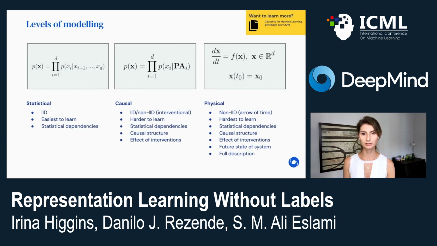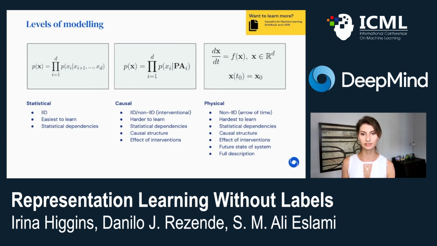Such a model provides the full description of the system, since it allows us to predict any future state, extract statistical dependencies among the variables, and calculate the effect of causal interventions. Unsurprisingly, as we move up the different levels of modeling, the learning problem becomes harder.